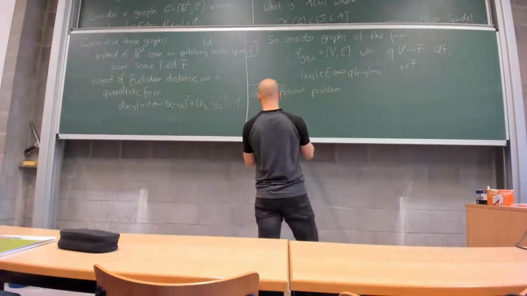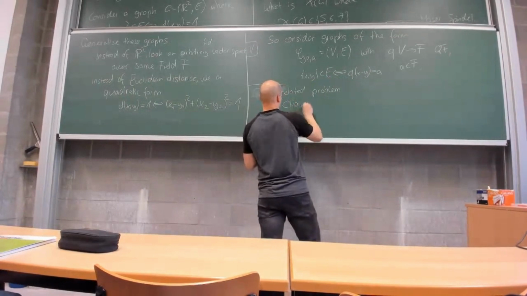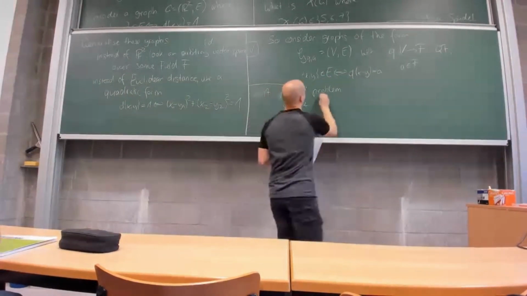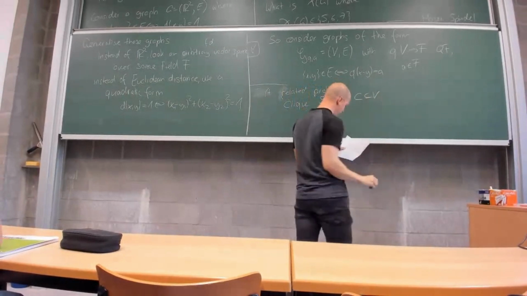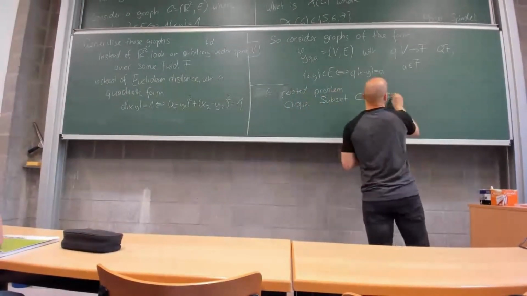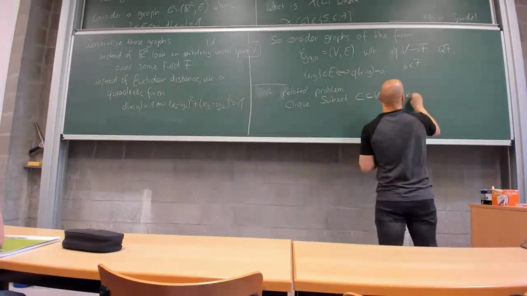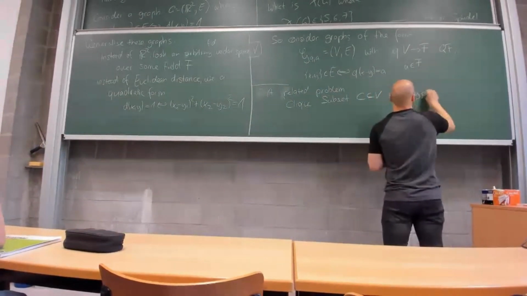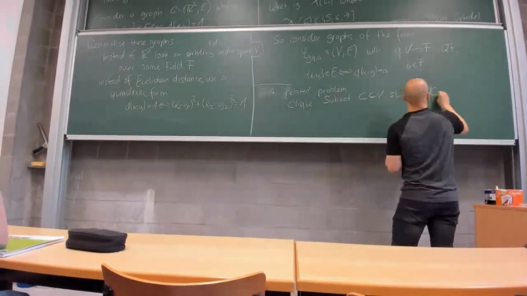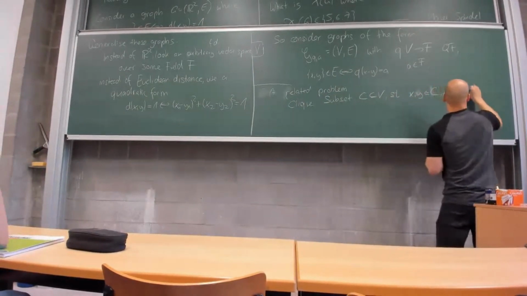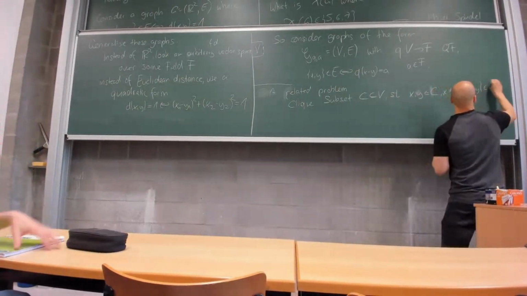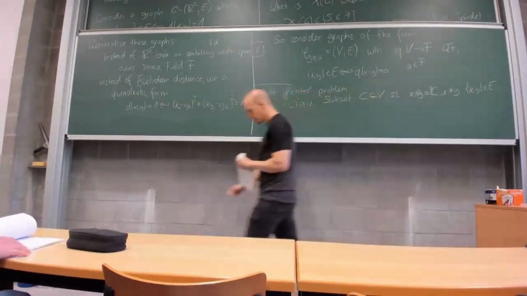So a clique in a graph is a subset of the vertices such that for any two different elements in C, xy is an edge in the graph.